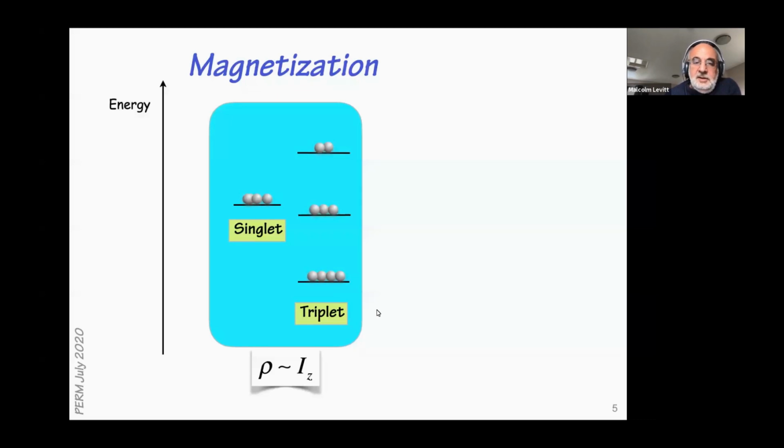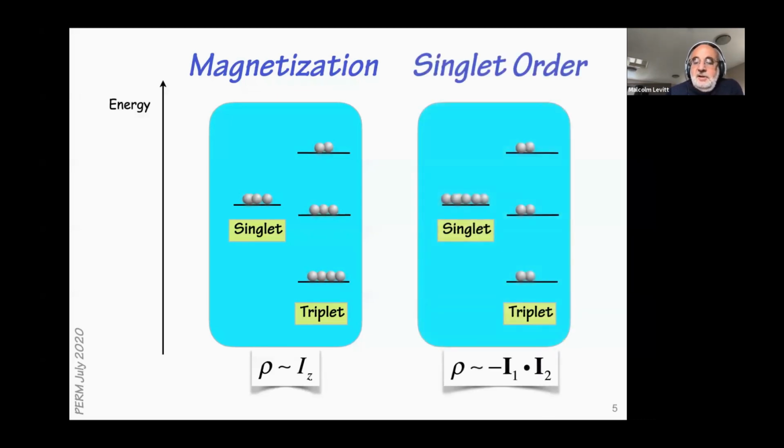But then we also have a different type of order, which is called here singlet order, which is a population difference between the singlet state, which is overpopulated in this case, and the triplet state, where the three components are equally populated. And in the density operator, that's represented by an operator of this type.